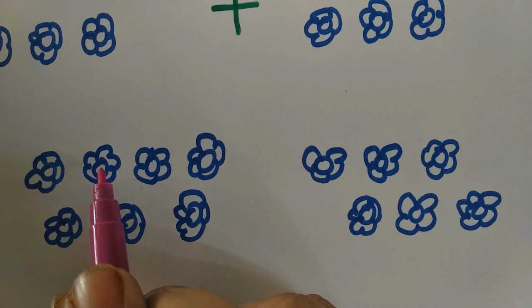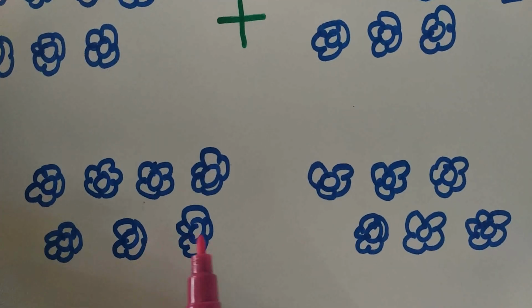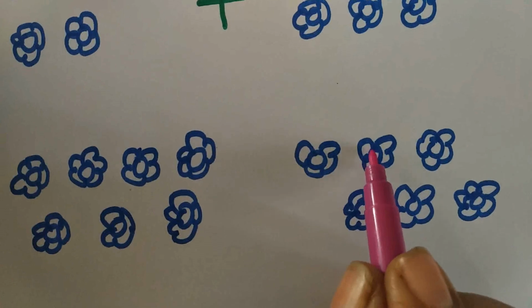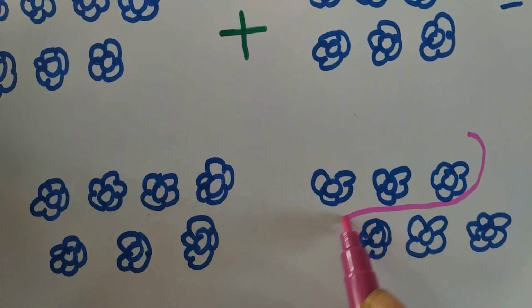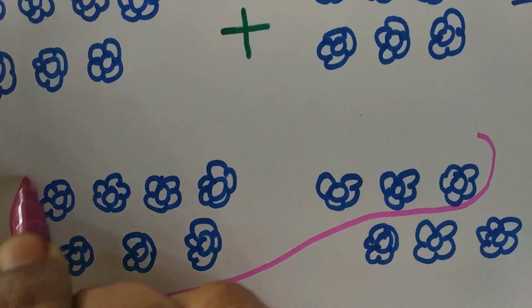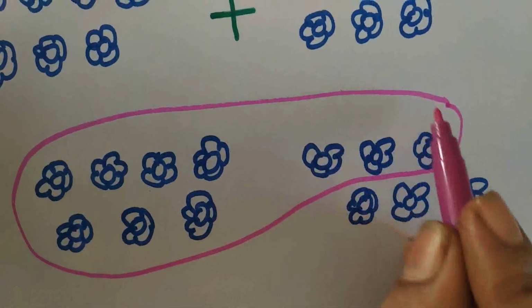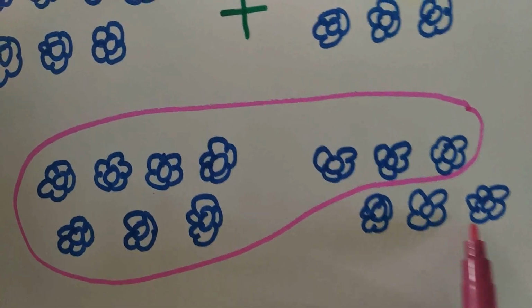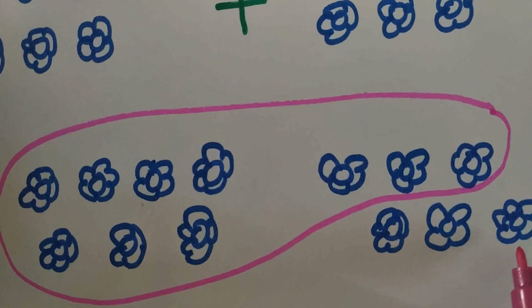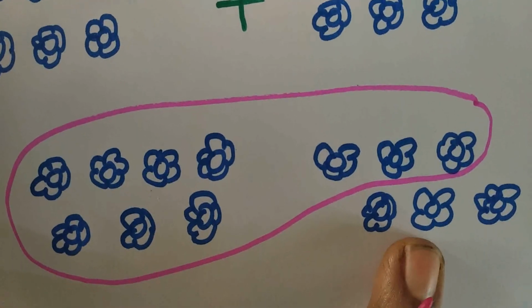See, 1, 2, 3, 4, 5, 6, 7, 8, 9, 10. Now you want to draw a group like this. These flowers belong to one group, and these 3 flowers we left separately. So this we call tens, and this we call ones.